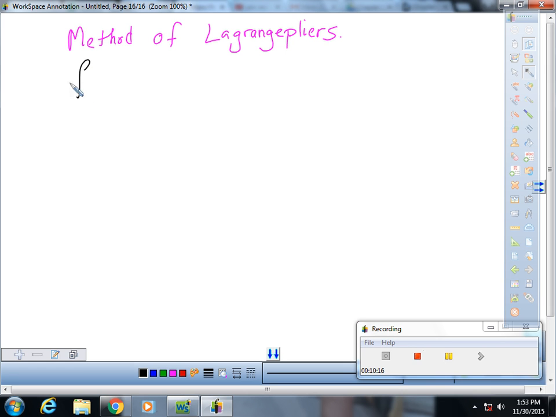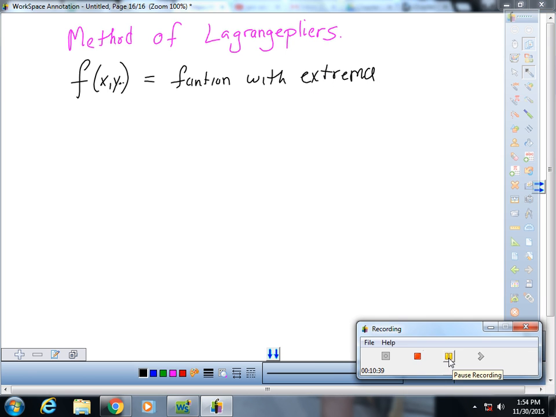So first, we need f of x comma y, and it could be more than that. It could be x, y, z. We need this to be a function with an extrema. Okay, so in this case, f of x comma y is our function that we are trying to optimize, and our book refers to that as the objective function.